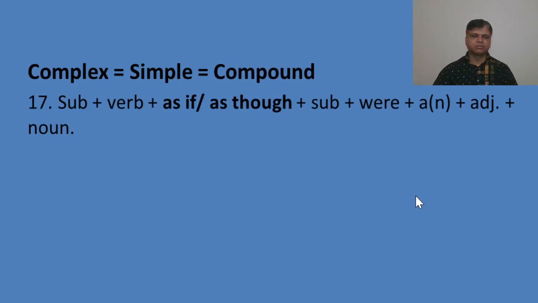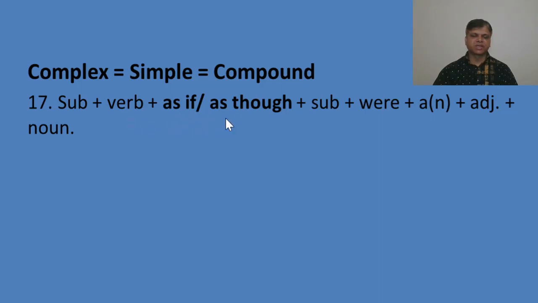So look at the 17th rule. Subject, verb, as if or as though, subject, verb, or an, adjective, noun. So look at the subordinating conjunction, as if or as though.